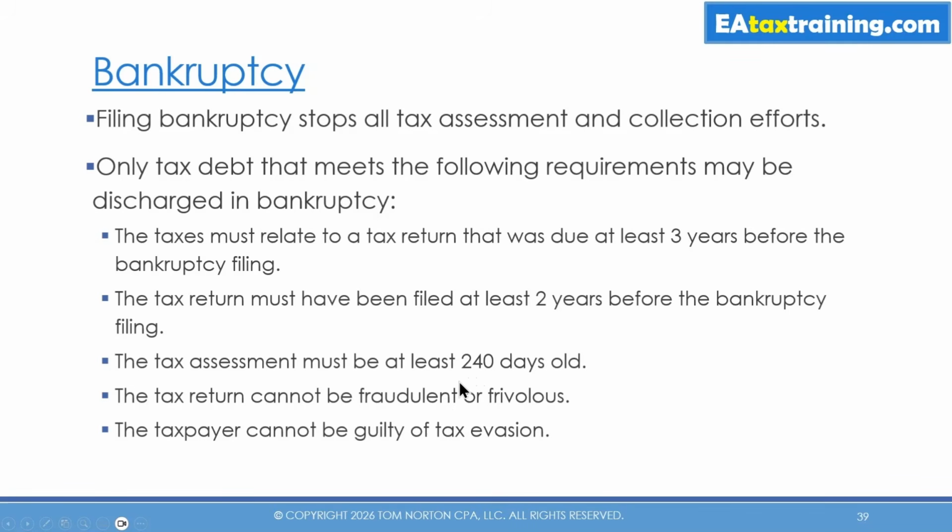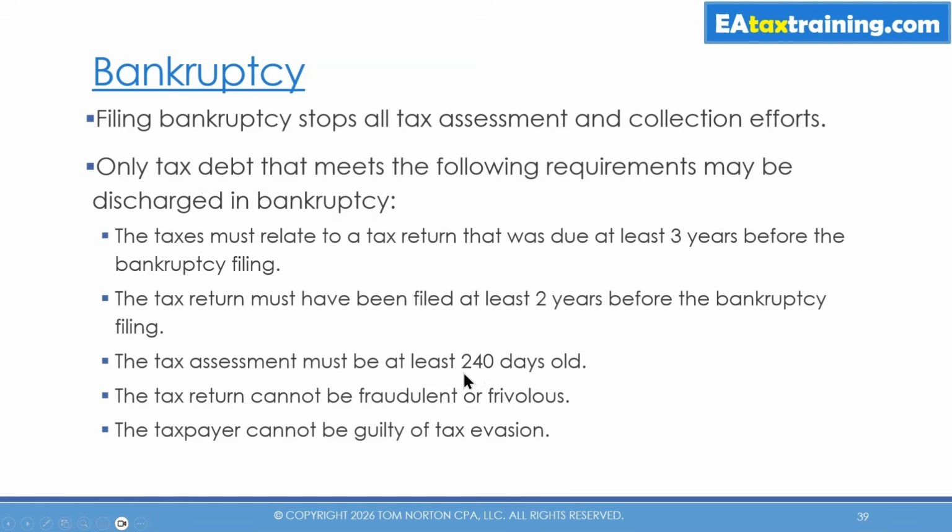240 days. So let's say that that 2020 tax return was audited in 2024. And in December of 2024, the IRS assessed tax from that 2020 tax return. That assessment from December would not be at least 240 days old by March of 2025.